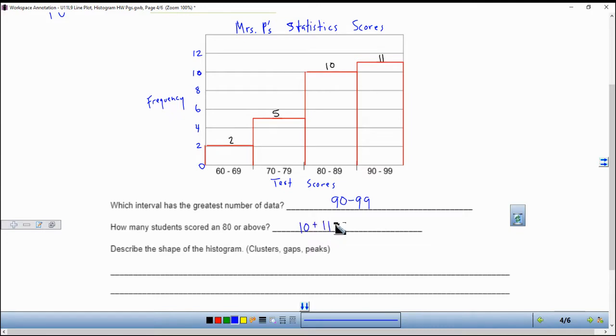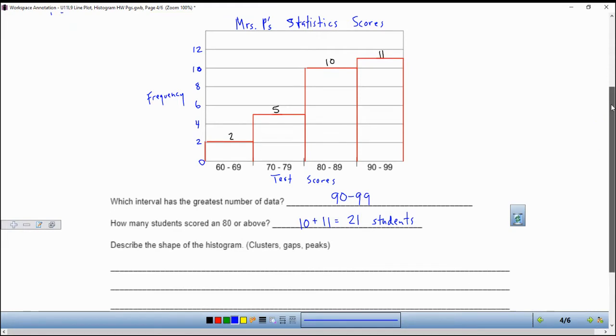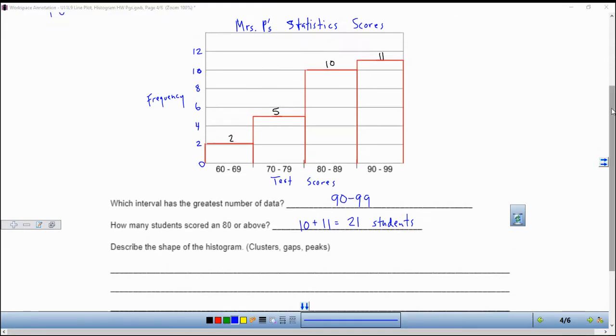And 10 plus 11 is 21 students. So 21 students scored an 80 or more. We don't know their exact scores anymore because we can't see the data, although it's right up there. But in the histogram, that's all we can tell about how many scored that score or above.